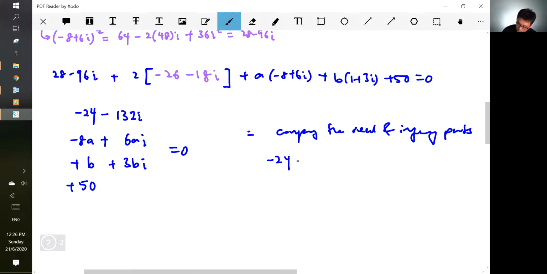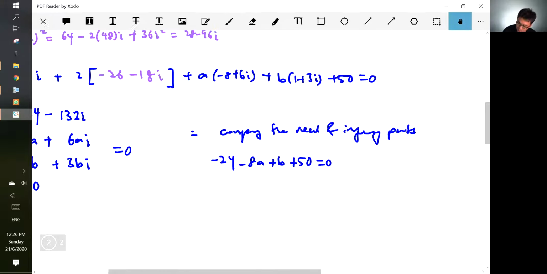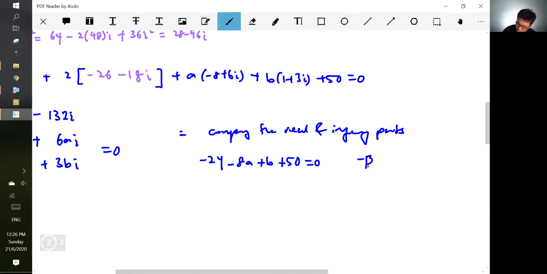Minus 24 plus minus 8i, minus 132. So compare both.